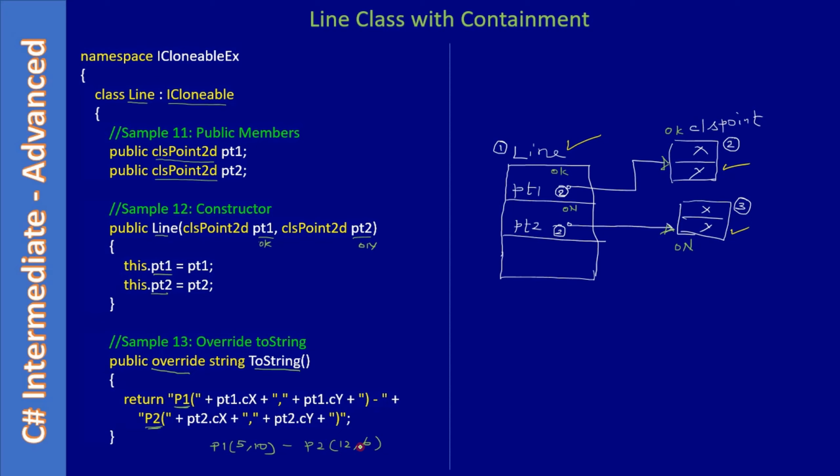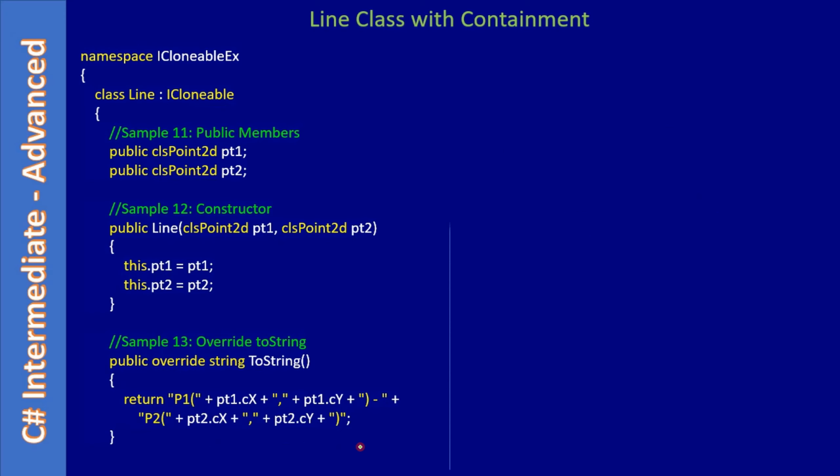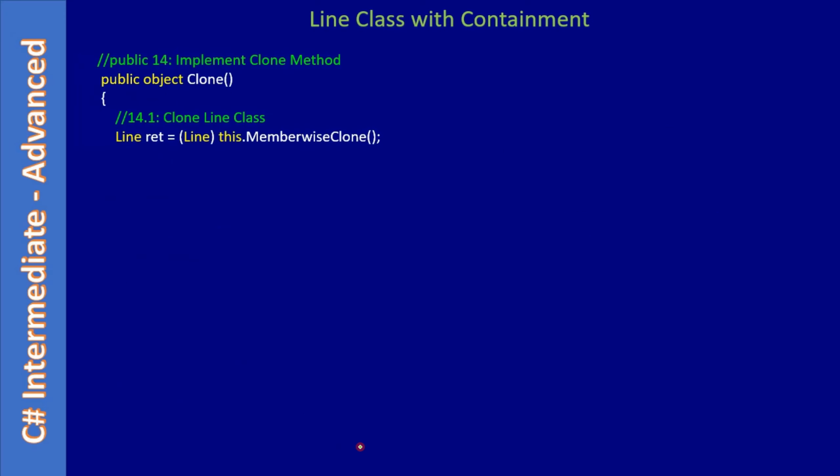So after this Line object definition, we can implement the Clone method on the Line object. Remember, we previously implemented this Clone method for our Point class. The Point class had 2 internal members, X and Y. Both are primitive type and their data types are integers.